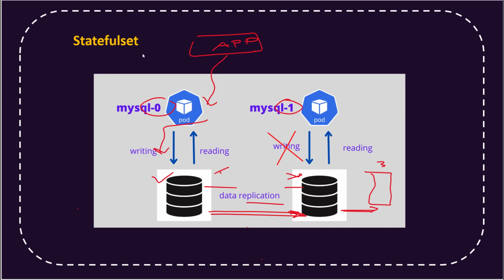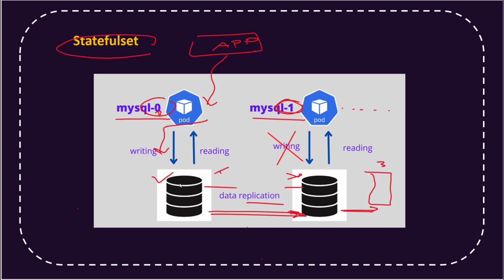Here, another concept in Kubernetes comes into play. It's called a StatefulSet. A StatefulSet is completely like a deployment, but instead of bringing up each pod with a random name, it will bring up the first pod at first with index 0, and after that it will bring up the second one with index 1, and so on.